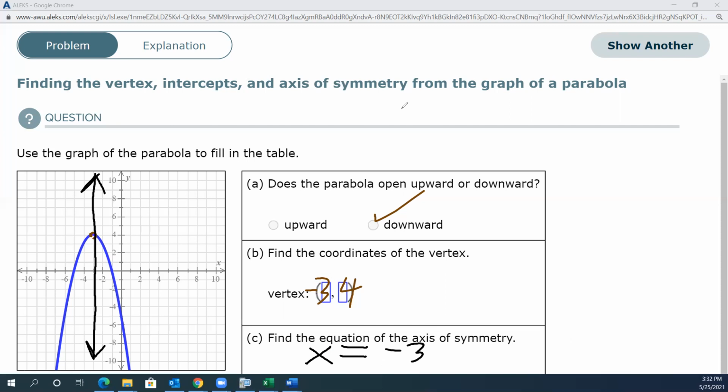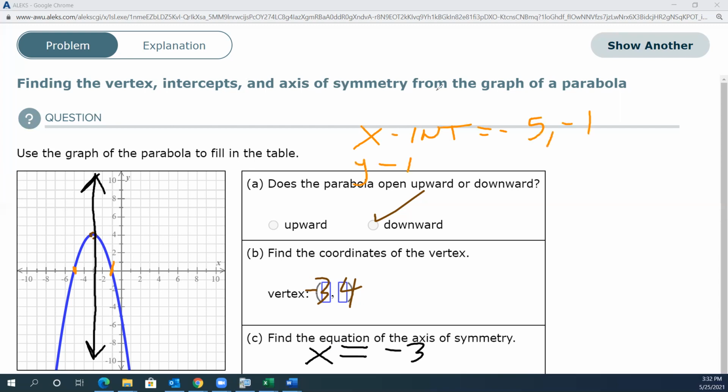All right, the last thing is the intercepts. Okay, so I see that I've got an x-intercept at -5 and another one at -1. So x-intercepts are -5 and -1.